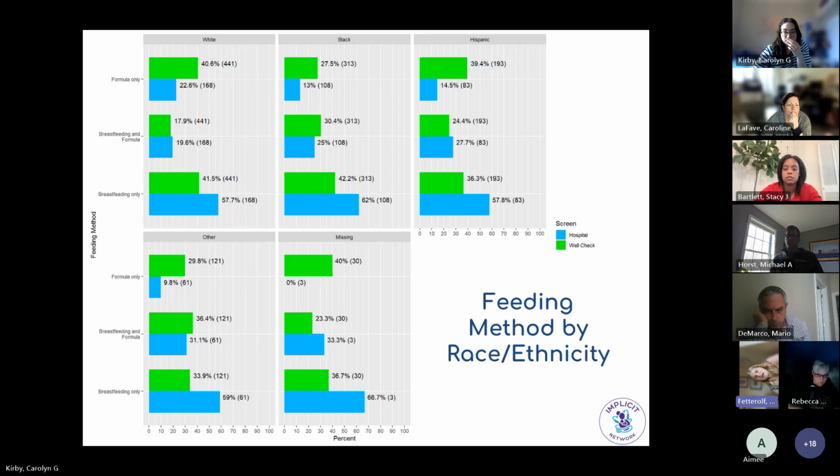For these tables, outside of white, Black, and Hispanic, we combined our other races and ethnicities into an other category because they have such small screening numbers. We still have the ability to split that out. So if your site has a large Asian population and would be interested in looking at that, we can do that. But for simplicity, and to not have everything be too cluttered, this is how we chose to look at it in our report.